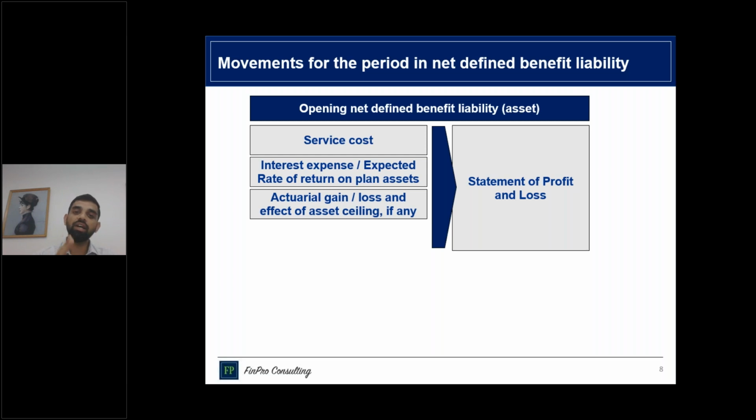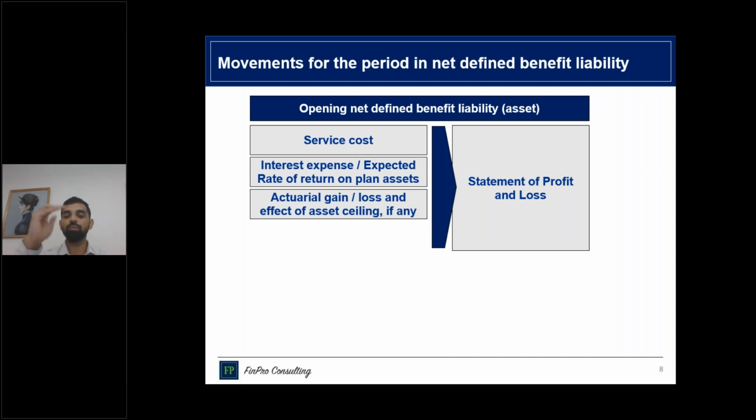Now the second instance where actuarial gain and loss could occur is by revising the actuarial assumptions. So it is not estimated versus actual, it is estimate versus revised estimate. Let's say now the actuary says, I had considered 10% as a salary escalation rate, but a lot of employees retired with only a 7% salary escalation rate, so I will change my estimate based on what the company is saying.